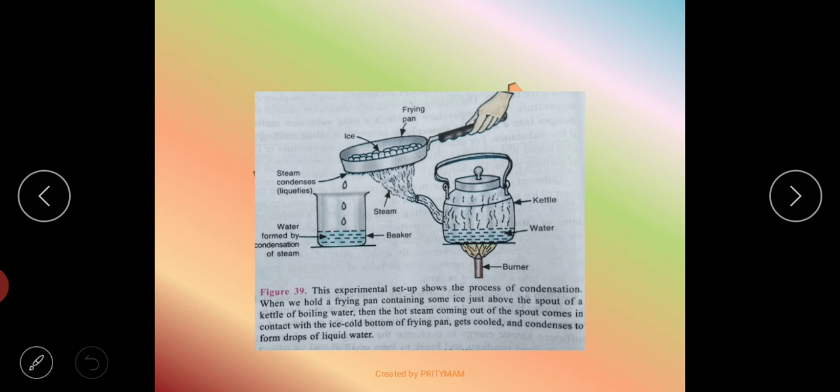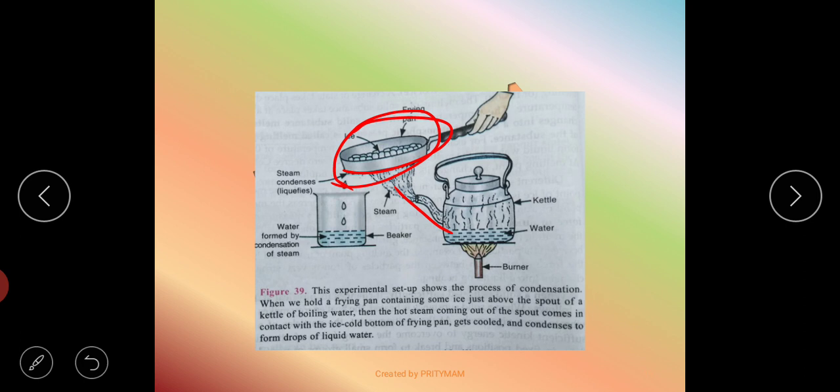This experiment setup shows the process of condensation. When we hold the frying pan containing some ice just above the spout of a kettle of boiling water, then the hot steam coming out of the spout comes in contact with the ice cold bottom of the frying pan.